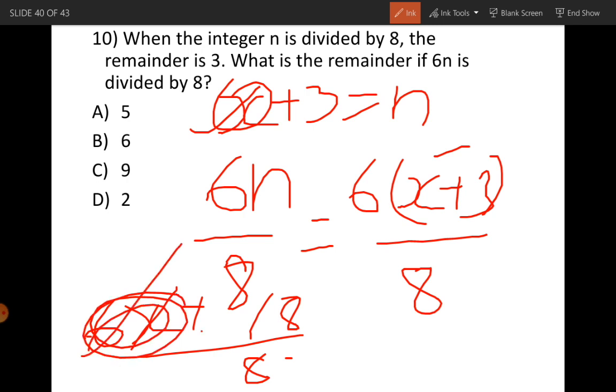Just for the remainder we will leave this one. For 18, 8 ones are 8, 8 twos are 16, so the remainder here is 2. So the answer for this question is 2.